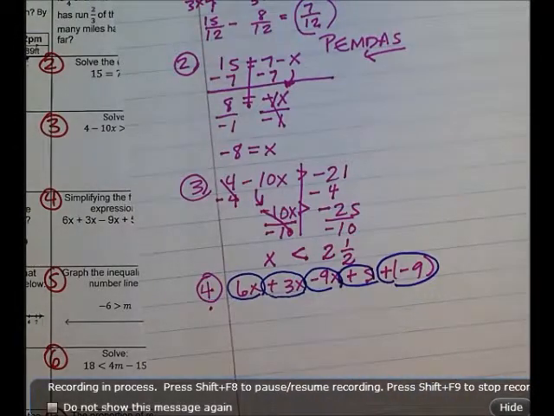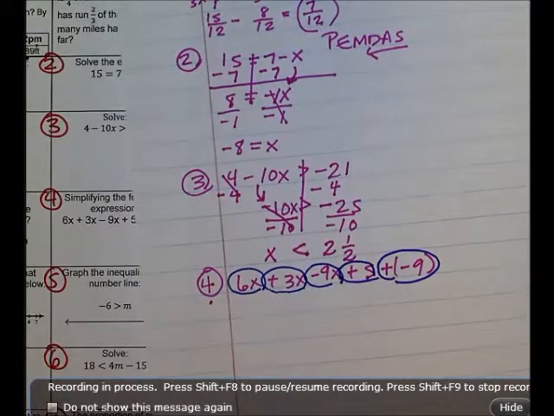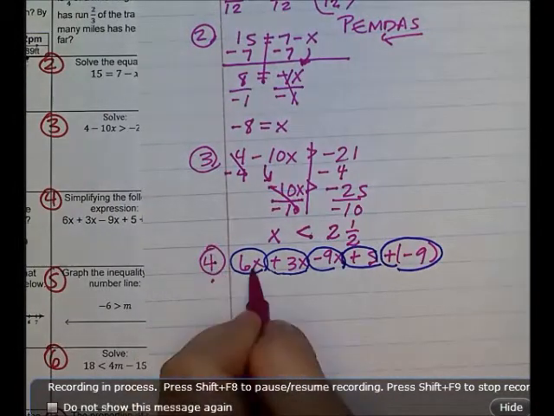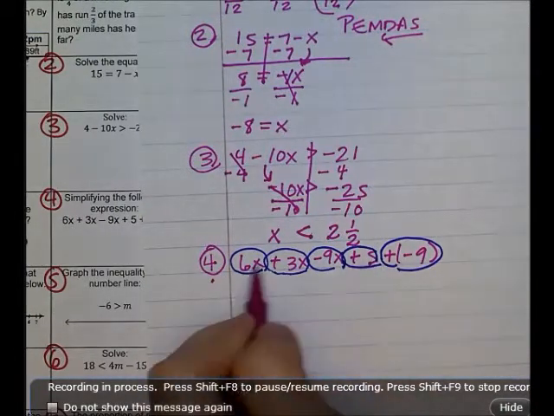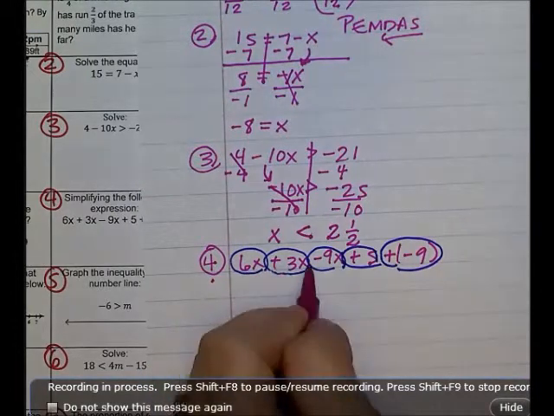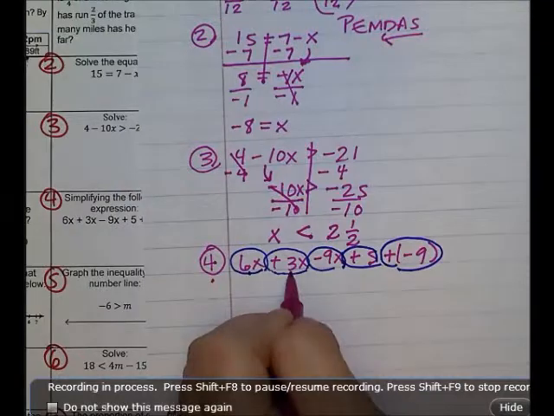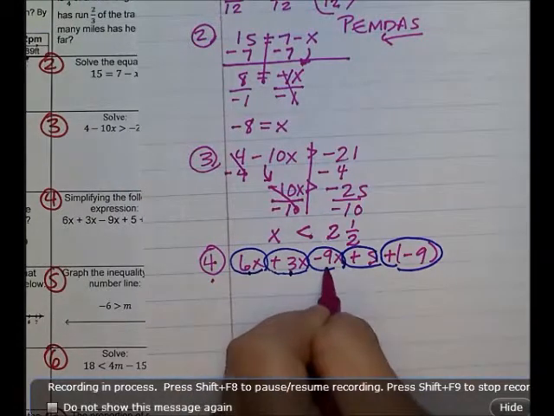Okay. Now remember our train: exponents, if they are there, are our engines, so those go first, and our constants are our caboose, so those go last. So our x's would need to go first, since the constants go last. So I have 6x and 3x, that's 9x. 9x minus 9x is 0x.